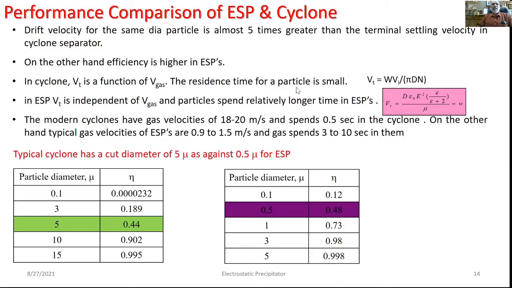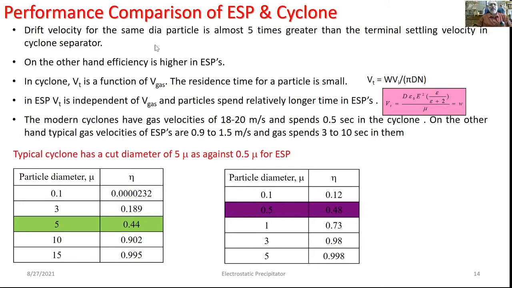As we discussed previously, as compared to a gravity settler, a cyclone is a better option. However, it also has certain limitations when it is expected to work with finer particles. So let's compare this particular ESP and the cyclone for a similar situation.